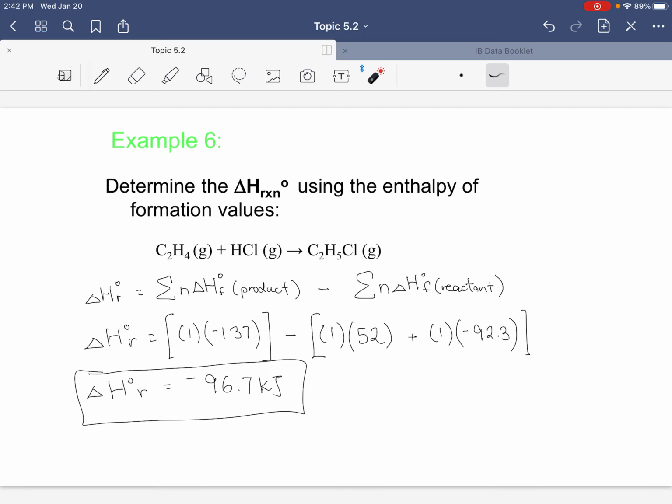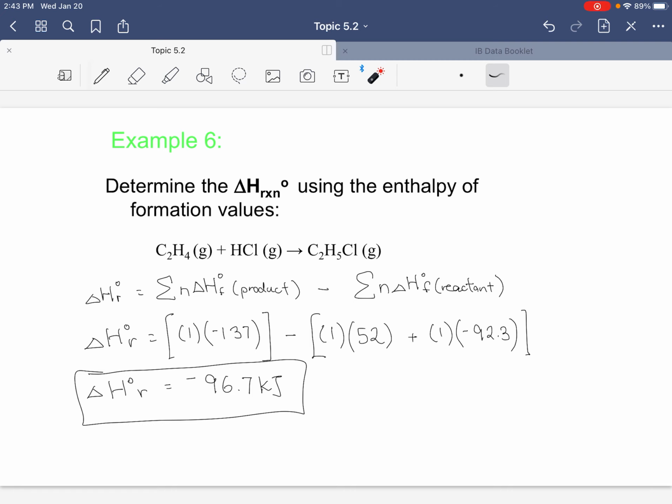So if you know the formation of this and the formation of this, you can plug these numbers in along with their coefficients and be able to find the overall number. Not just the overall number, but the overall sign too: whether this reaction is going to be exothermic, or whether it requires an input of energy. It's pretty cool to think about.